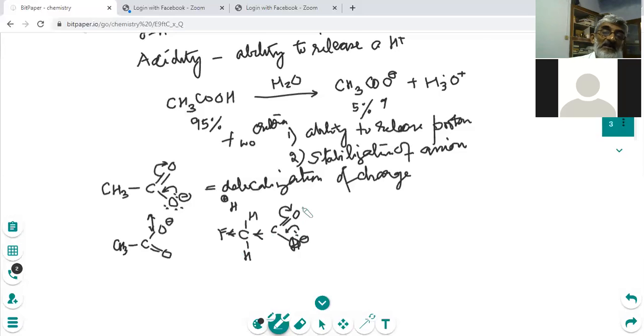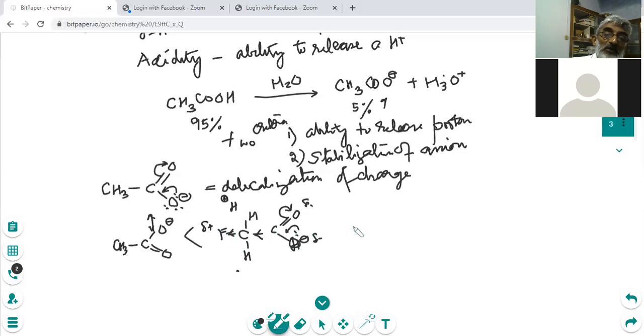Negative charge is not getting delocalized here only, but it is getting spread all over. It is getting spread at this point of delta plus. Okay, so there is delocalization of the electron, and that will lead to stability. So this is more stable.